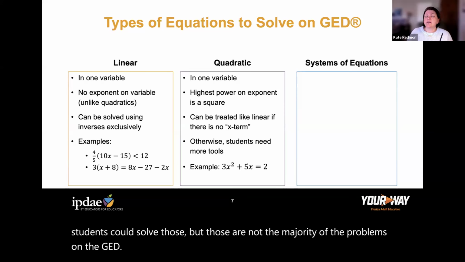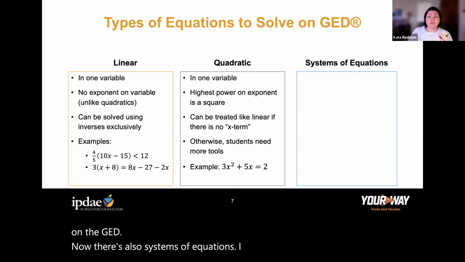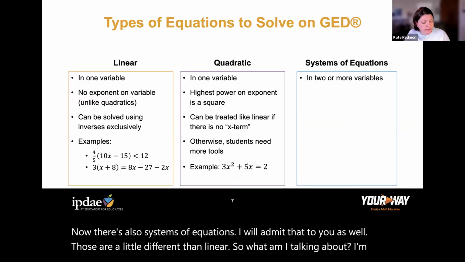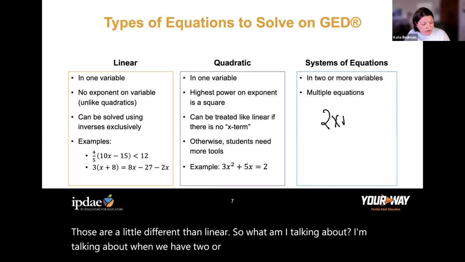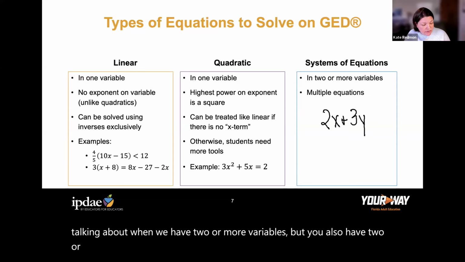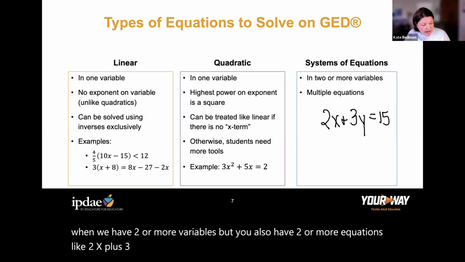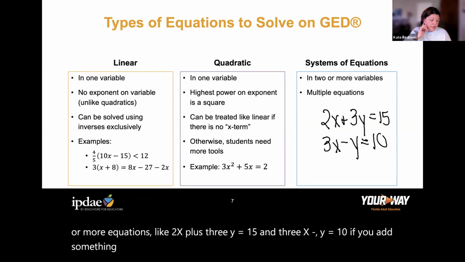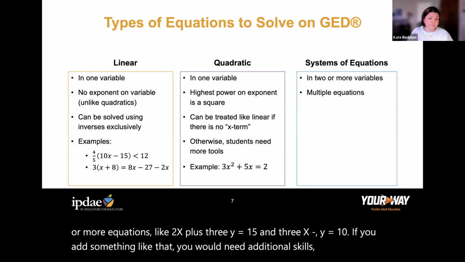Now, there's also systems of equations. I will admit that to you as well. Those are a little different than linear. So what am I talking about? I'm talking about when we have 2 or more variables, but you also have 2 or more equations, like 2x plus 3y equals 15 and 3x minus y equals 10. If you had something like that, you would need additional skills, but I have good news for you.